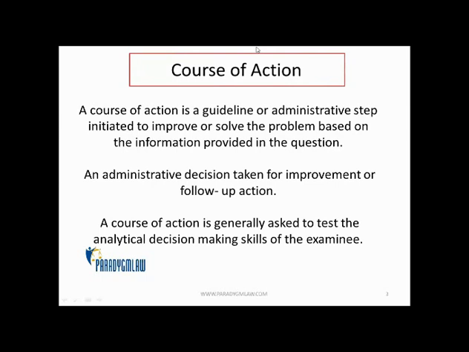So a lot of students who write these exams are never exposed to a corporate working style or even a regular company. They don't understand how decisions are made, right? How you decide on something on an individual basis and a collective basis are two different things. So as an organization, if you have to take a decision, that becomes a collective decision and therefore your individual bias doesn't come in, right? So that's why course of action is always mostly an administrative step.